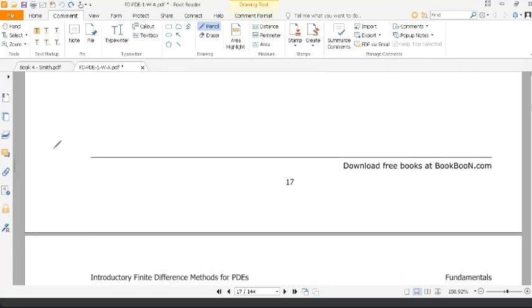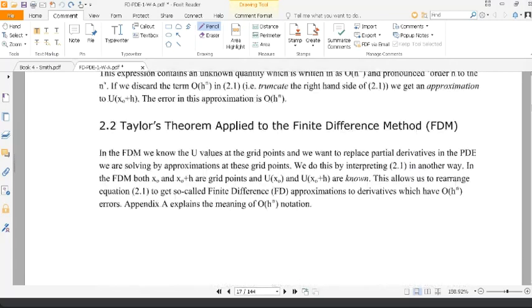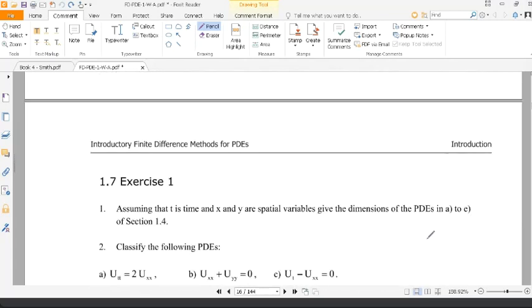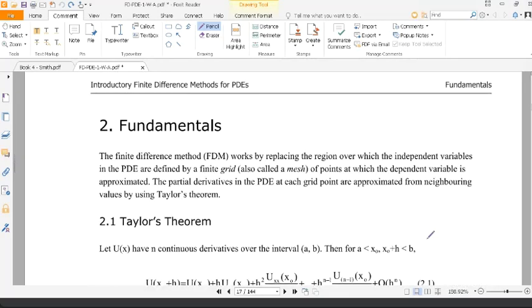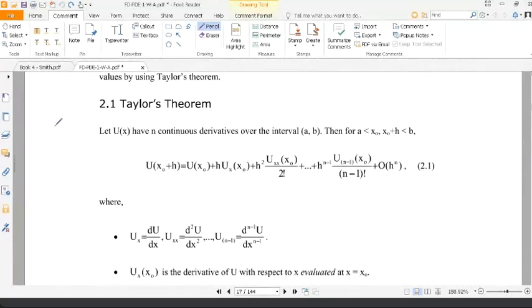I write u of x equal to x power 4 plus x minus 1. Is it okay?